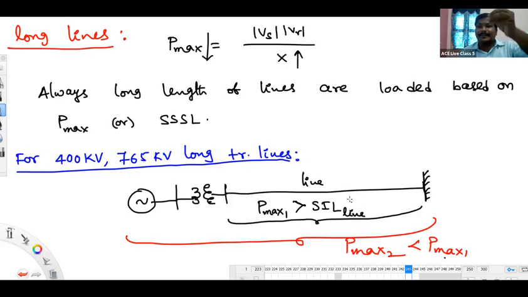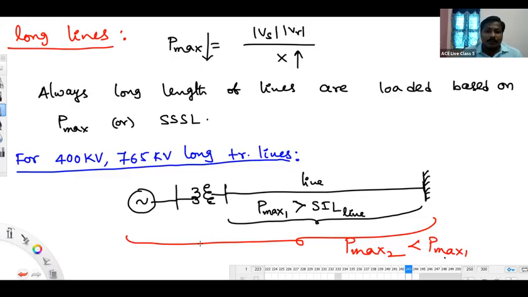Let's say the SIL of the line is some value, 400 megawatt, and P maximum 2 is something like 500 megawatt. You have to keep the loading less than P maximum 2. If you are keeping it less than P maximum 2, it may fall below the surge impedance loading of the line. Maybe.